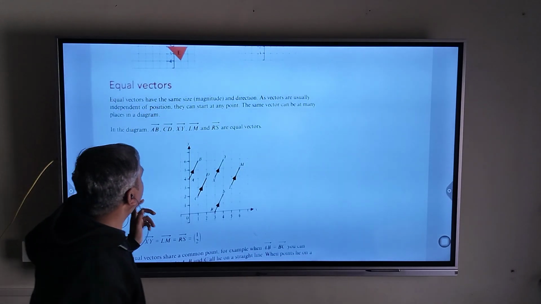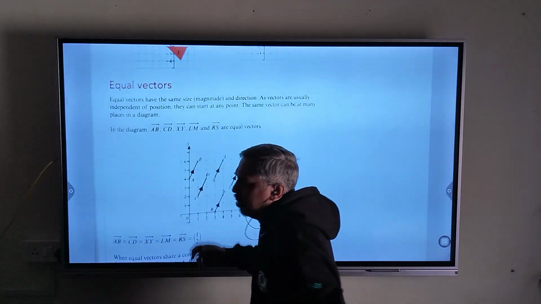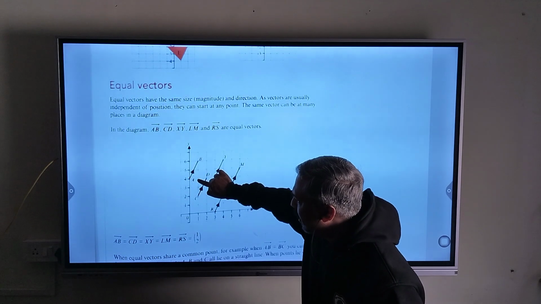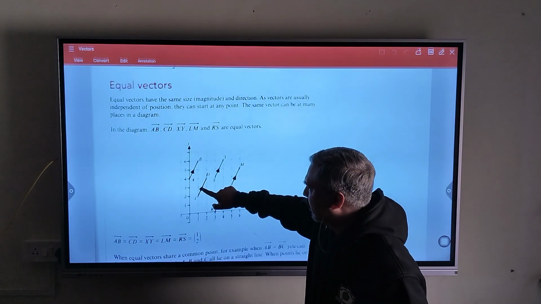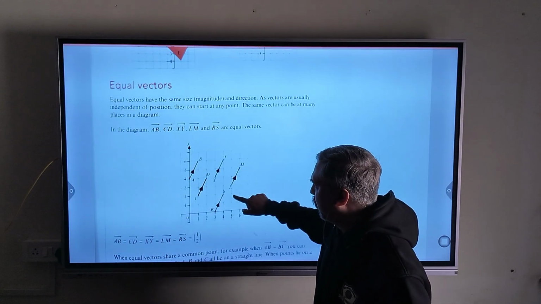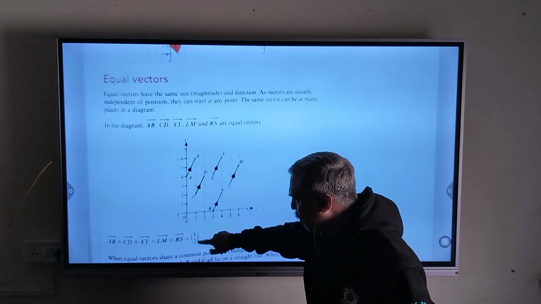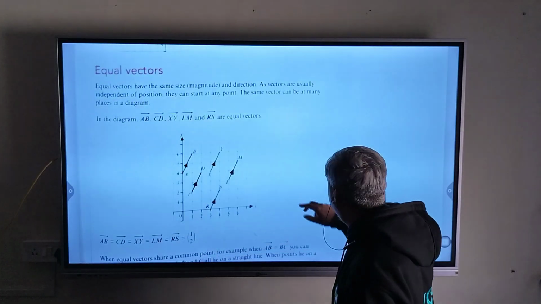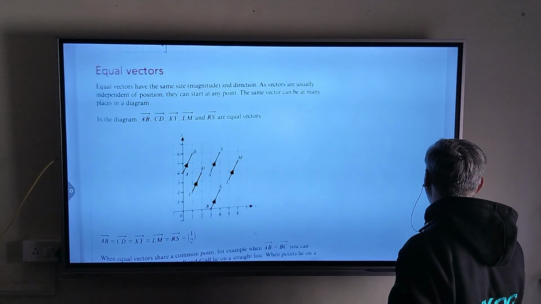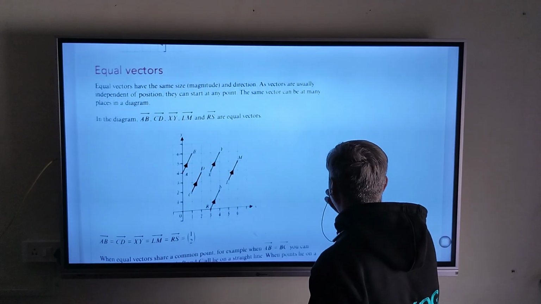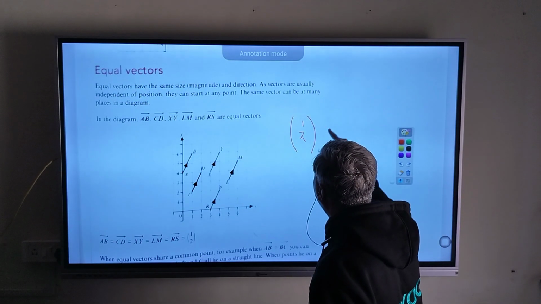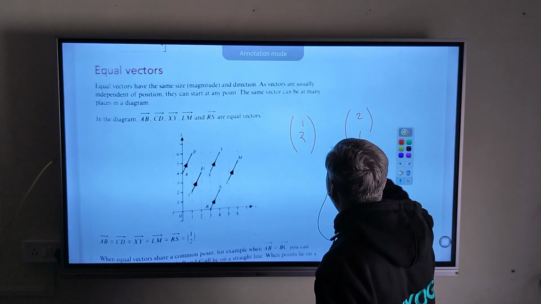Equal vectors are vectors which have absolutely the same values of one transformation. So this is 1 on the x-axis and 2 on the y-axis. Same here, 1, 2. Both these values must be equal, only then the vectors are equal. You cannot say that the vectors (1, 2) and (2, 1) are equal.